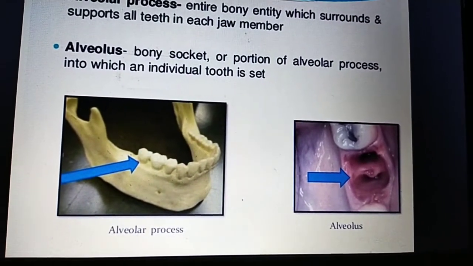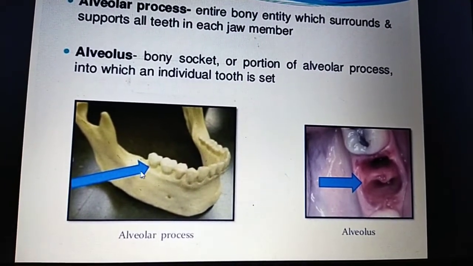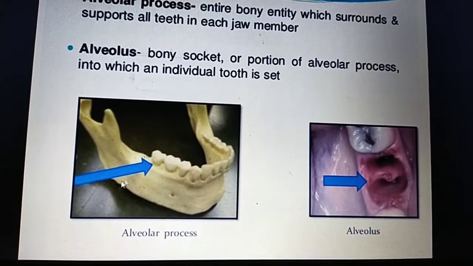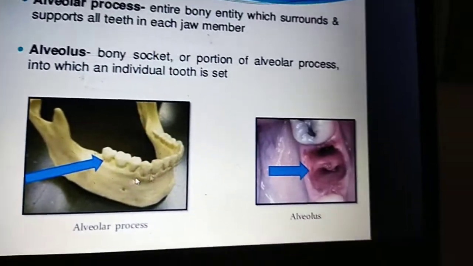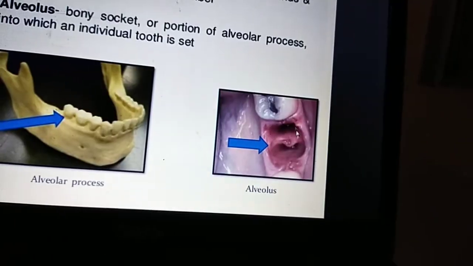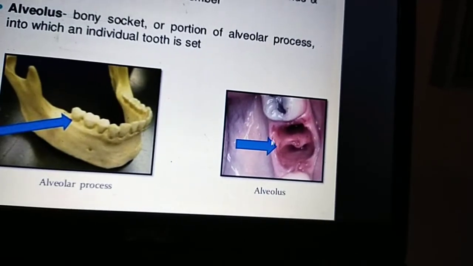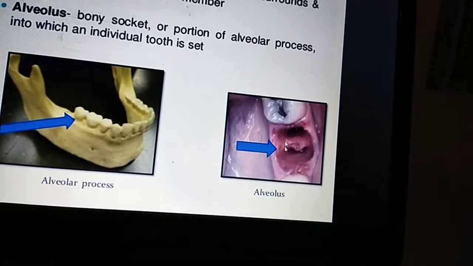You can see here these are the alveolar processes, into which each tooth sits.